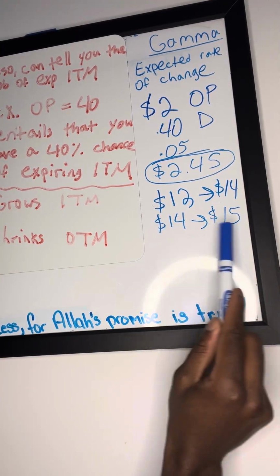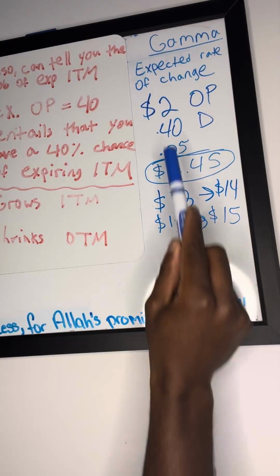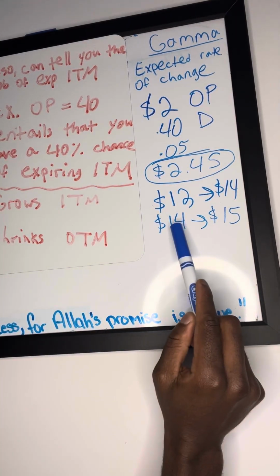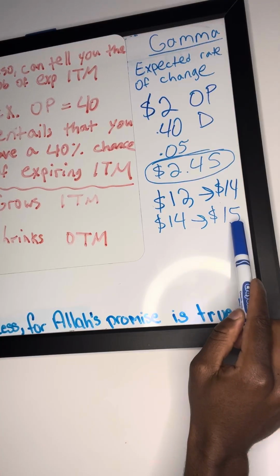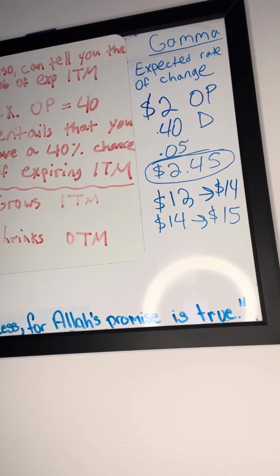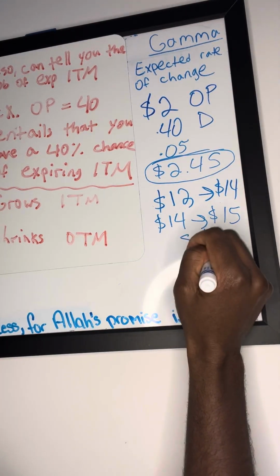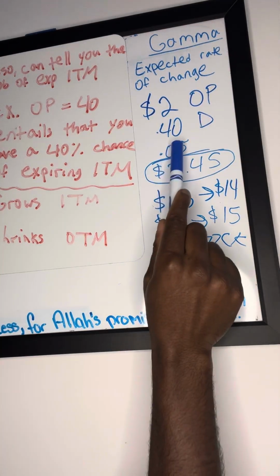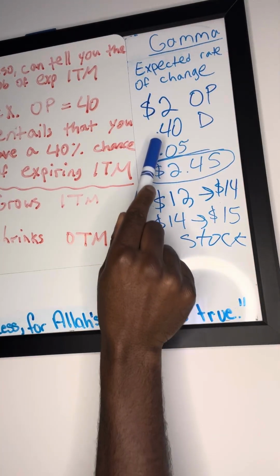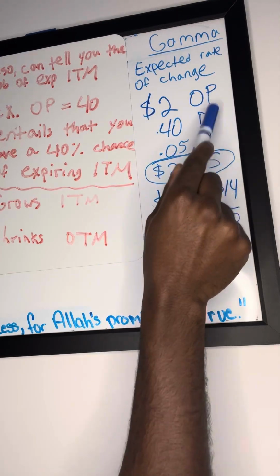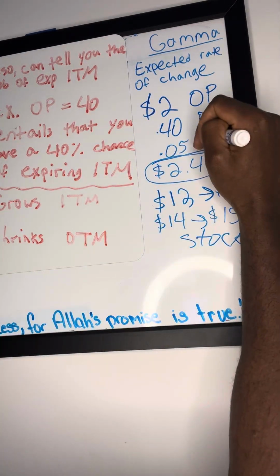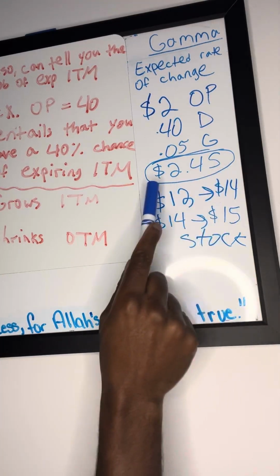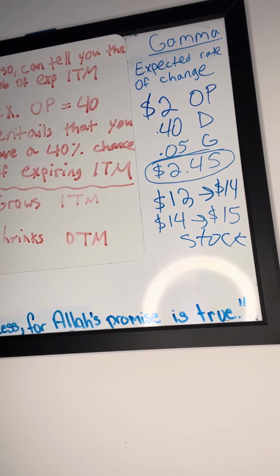The second $1 move, remember, gamma is delta's expected rate of change. So thus, when the next dollar move occurred on the underlying instrument, which is the stock, that caused gamma to be added to the options premium as well as the delta. You have gamma here. And now your options premium is $2.45.